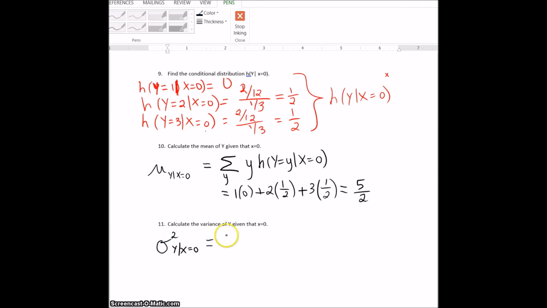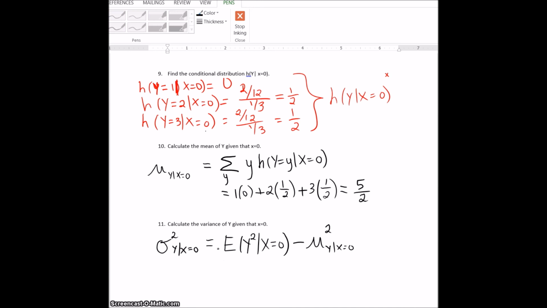I am going to calculate the expected value of y squared given that x is equal to 0, and then subtract the mean of y given that x is equal to 0, squared. It's the easiest way to do this computationally.